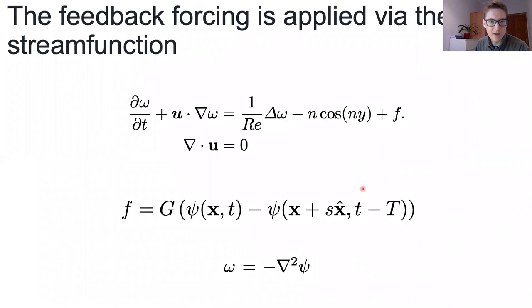Okay, so I'm going to add in this time delayed feedback forcing to the right hand side. I'm going to do it to the vorticity equation because that's the efficient variable to use for the DNS. But I'm going to use the stream function to implement the time delayed forcing. Now that's for a couple of reasons.